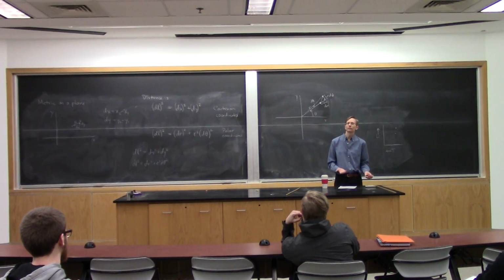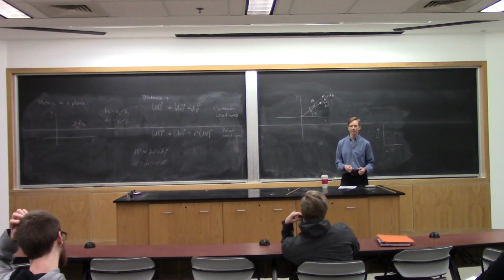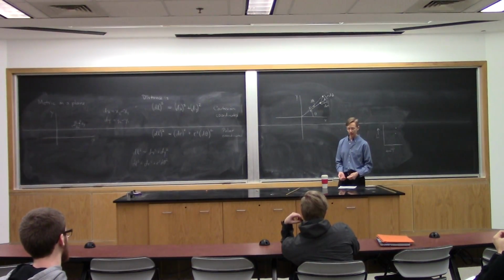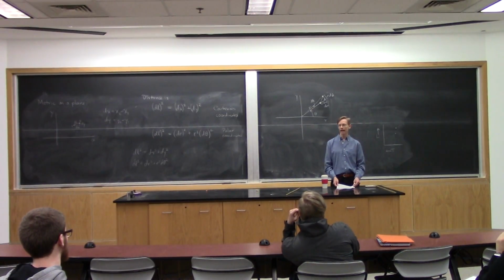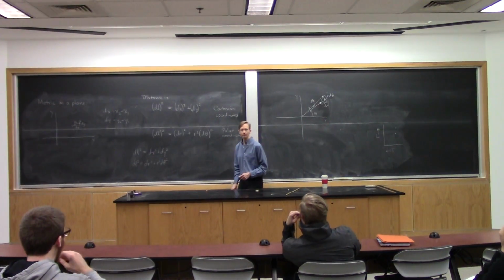The coordinates of the points are not an intrinsic property of the points. What their x and y coordinates are depends on our choice of axes. But the distance between them is a geometrical property of the space that they're living in. And so changing the coordinate axes doesn't change the distance. Okay? So, any questions so far?